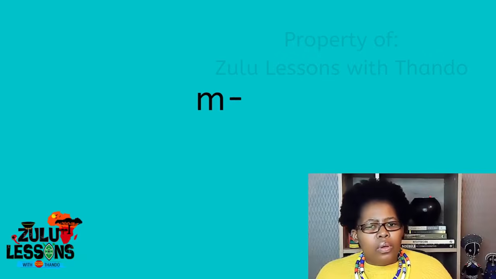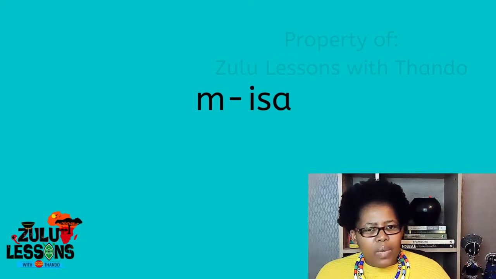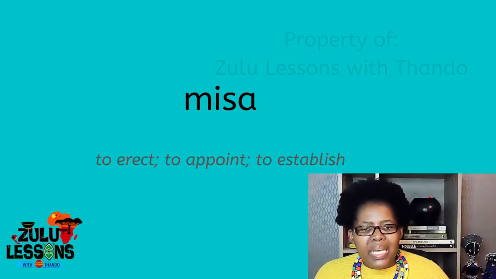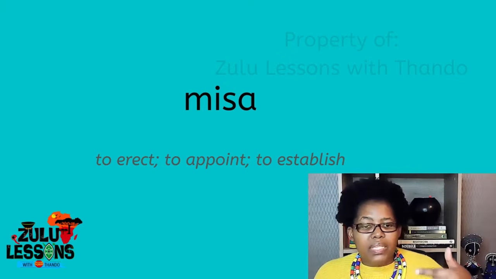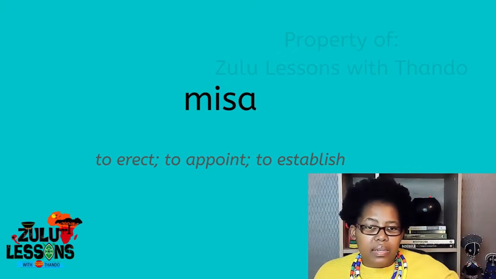Now, if we add isa to the end of that verb, what are we going to have? We now have misa. This verb is no longer to stand or stop, but it's actually now to help someone else with this action.